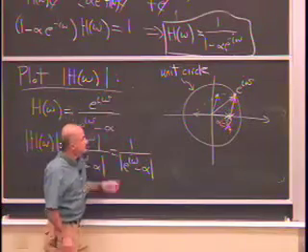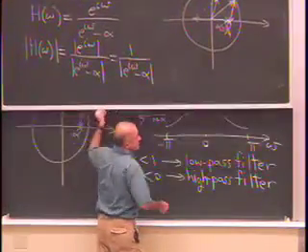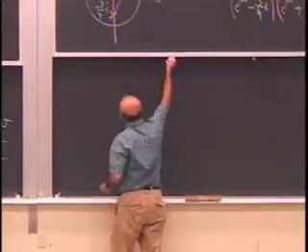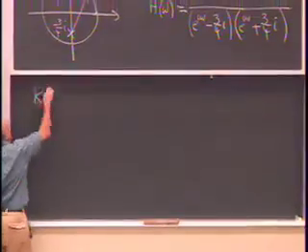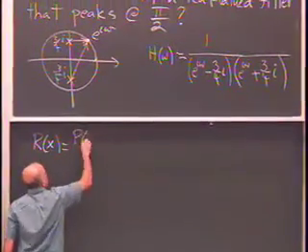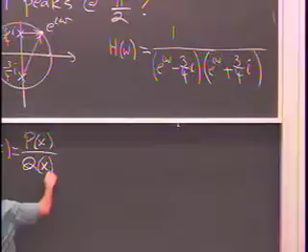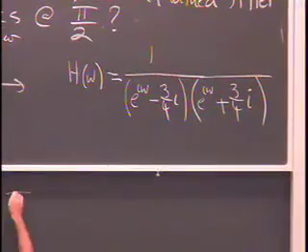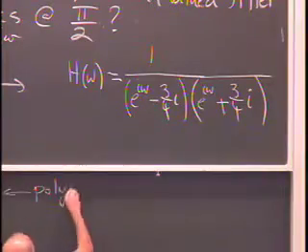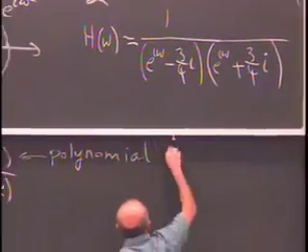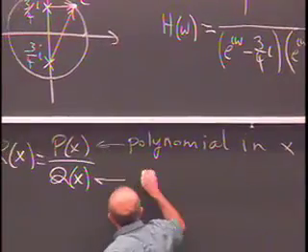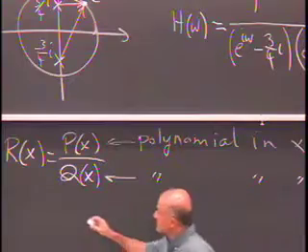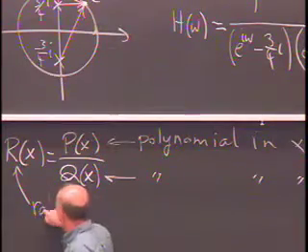A function that's of the form p of x over q of x, where x is a variable. This is like your high school algebra type of variable. Polynomial in x over polynomial in x. These functions are called rational functions of x.